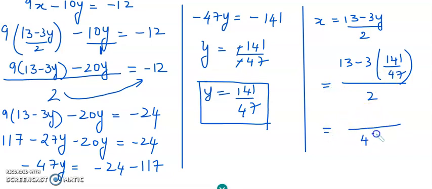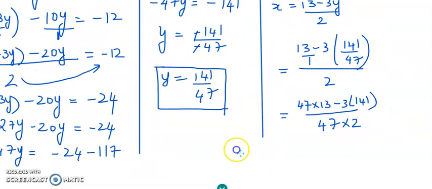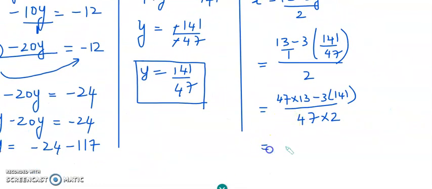So that is 47 of the numerator and this 2 will get multiplied. This is 1. So here 47 has to be multiplied. Minus 3 times 141. Okay. That is equal to, the denominator will become 94.